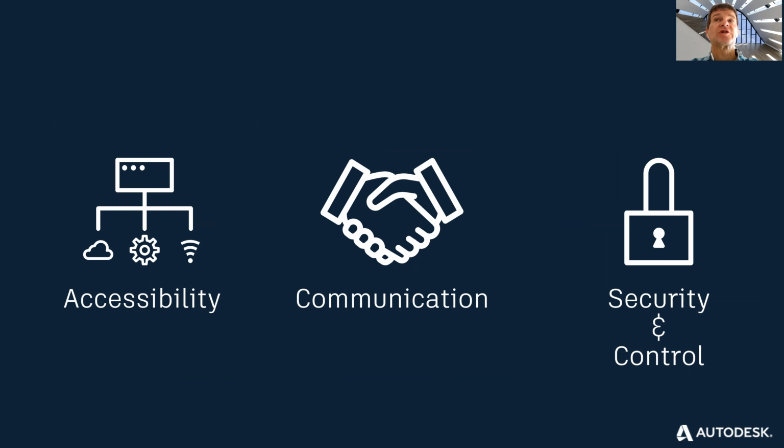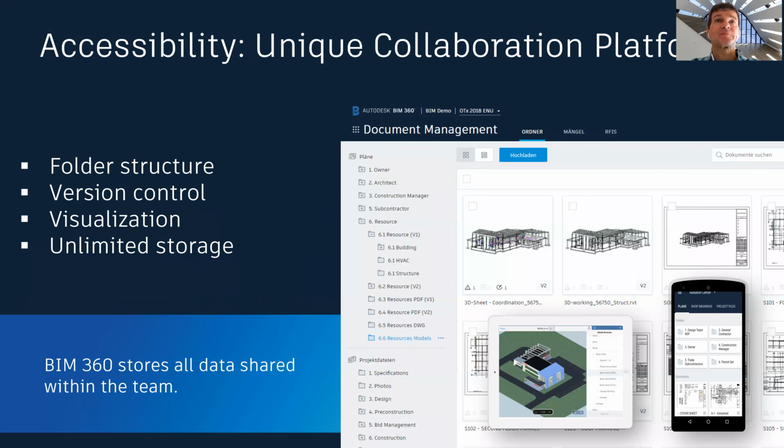Then how the communication is done, how the communication with other stakeholders is done, but not only other stakeholders, also between the designing teams. I will introduce this one as well. And last but not least, security and control. Maybe I would say people are asking me, can I trust this solution? And of course, I will cover this as well.